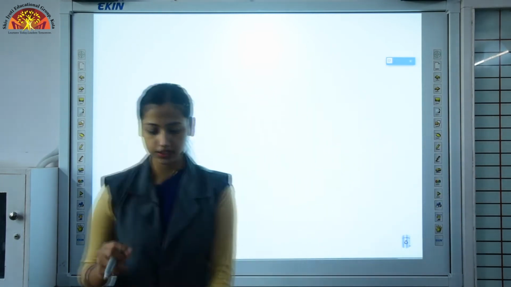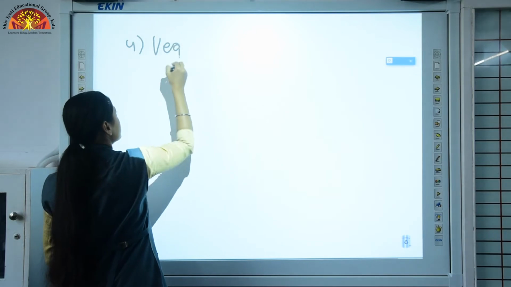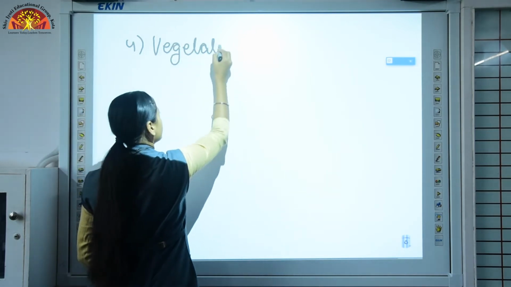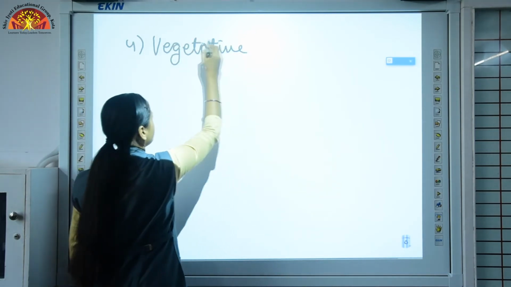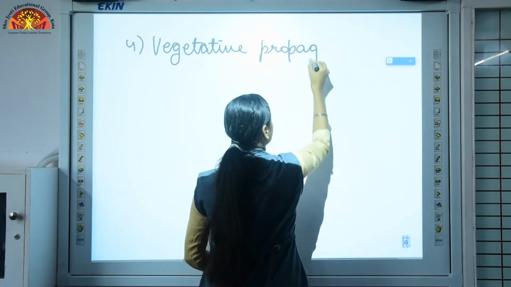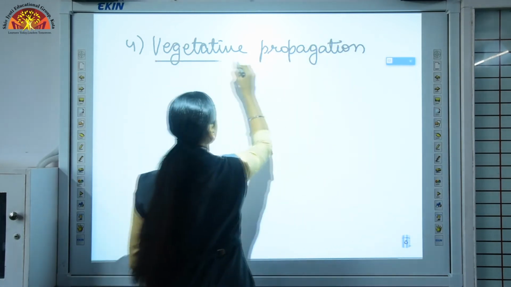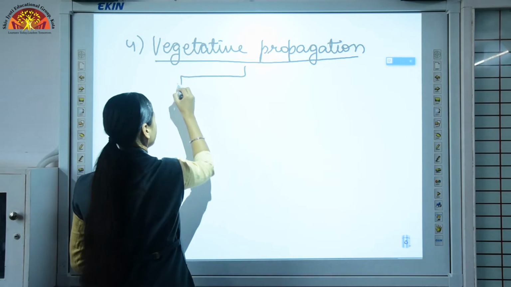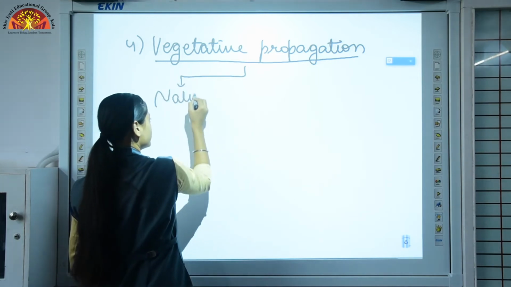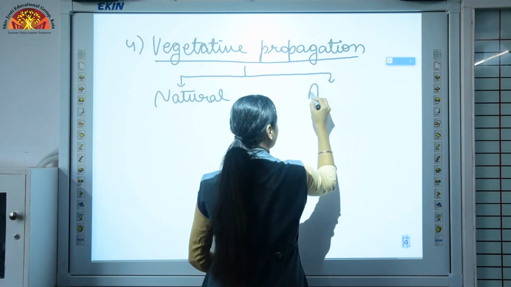Another method of asexual reproduction is vegetative propagation. Now it is of two types, natural and artificial.